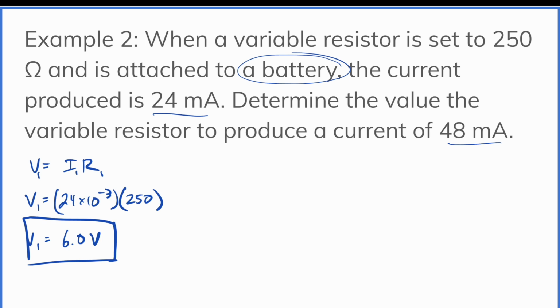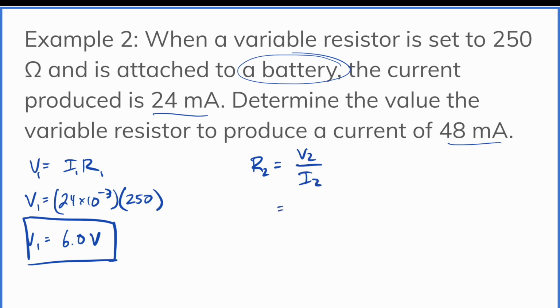As we increase the current, we need to decrease the resistance, and we can figure out how much we need to decrease it by. So V2 is going to be 6, and then we want to solve for R2. R2 is equal to V2 over I2.